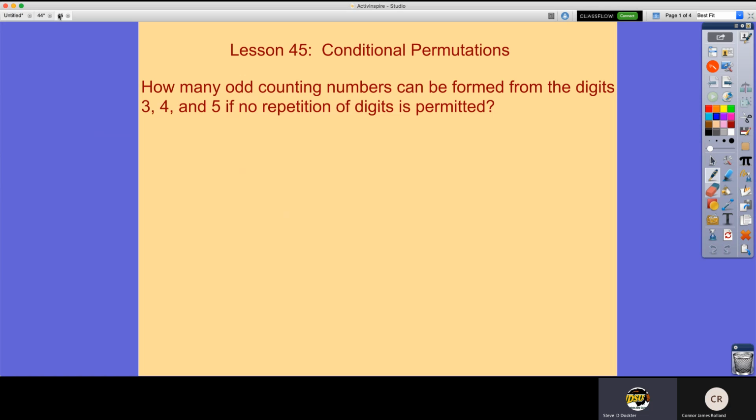So, conditional permutations. All right, the other day we talked about permutations. The equation, who remembers what the equation is? I'll help you out. nPr, what's the equation part of that though? n factorial over n minus r factorial.